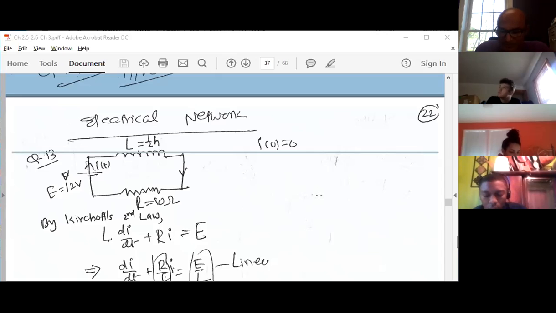Tm is the surrounding temperature, which is always constant, and k is the proportionality constant. And then we went through the chemical mixture problem, right? And I told you that is always converted to a linear differential equation. And today we are going to start the electrical network problem from the first packet, example number 13.